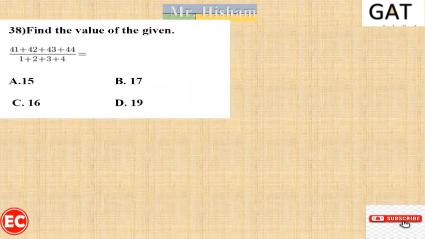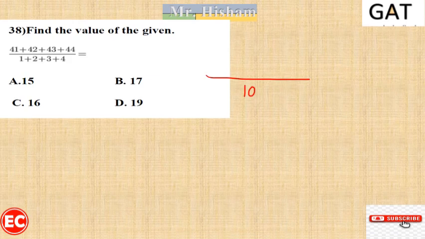Question number 38. Find the value of the given expression: 41 plus 42 plus 43 plus 44 over 1 plus 2 plus 3 plus 4. 1 plus 2 plus 3 plus 4 is equal to 10.